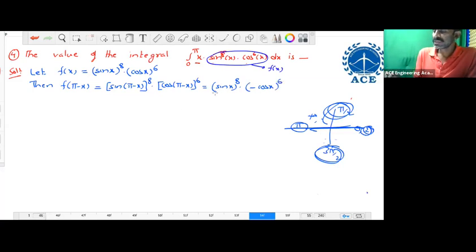Sin x power 8 is sin x power 8, minus cos x power 6 is plus cos x power 6, because this power is an even integer. Because it is an even integer, even though it is negative, this becomes positive only. So finally, this is the same as the function f of x. Here, f of a minus x equal to f of x. This condition is satisfied. Whenever this condition is satisfied, we can apply property number 7.